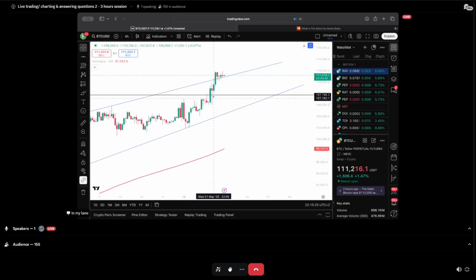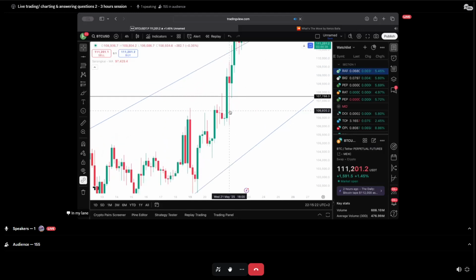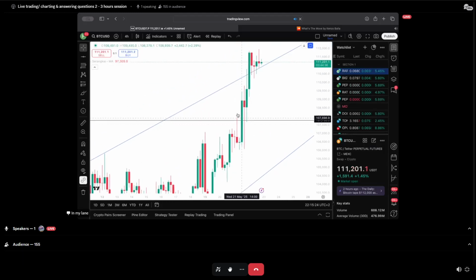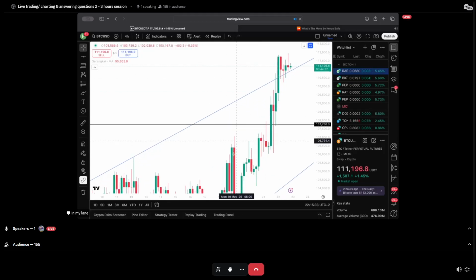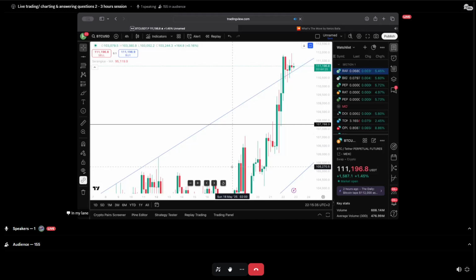Also, I wait for a 4H close, as you see here. I would wait for this to close above the retest, then I would long it all the way. That's how I trade. A lot of trades, I don't even share because they move fast.